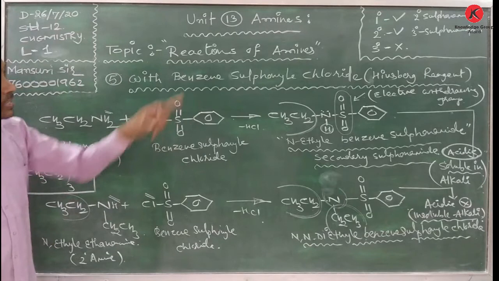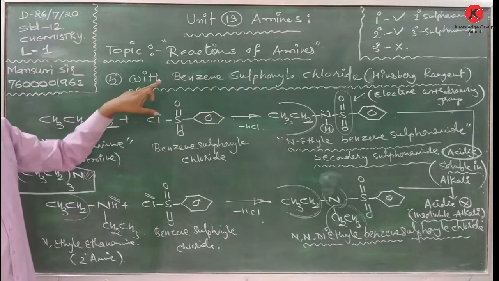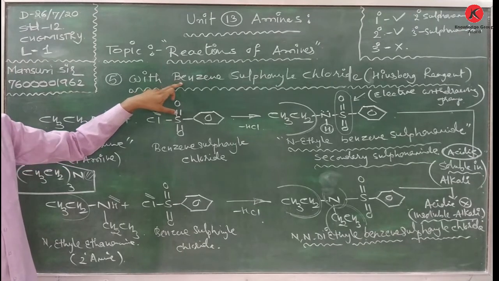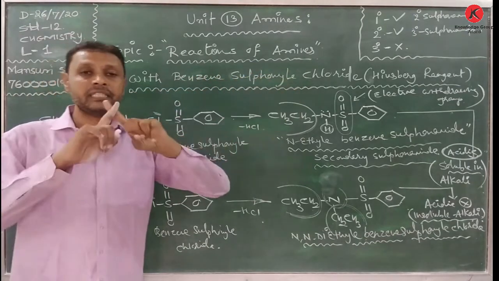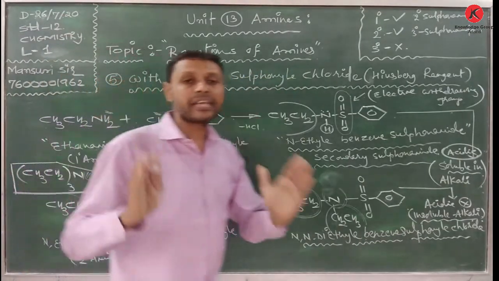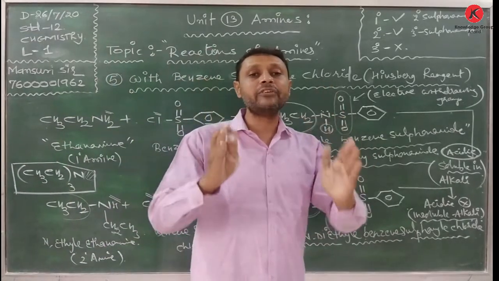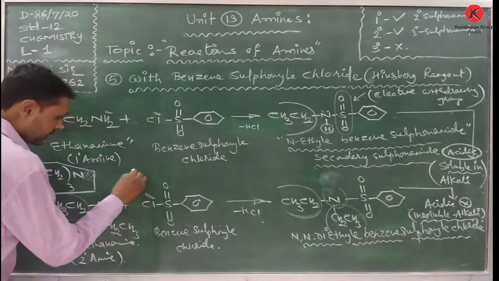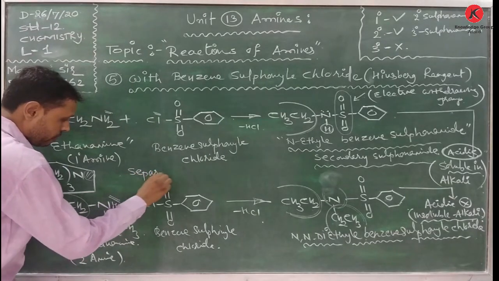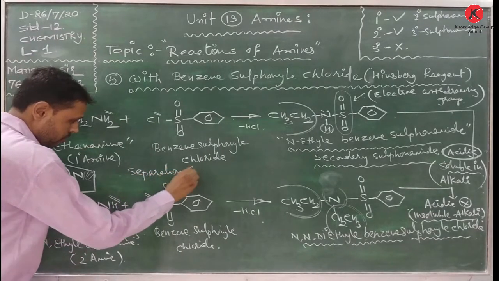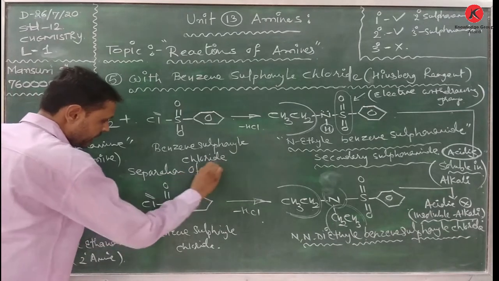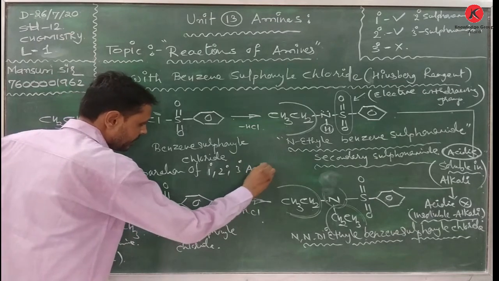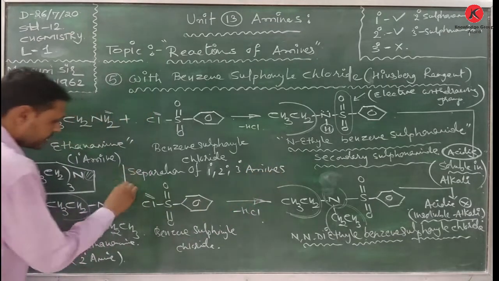So Hinsberg reagent, or the reaction of amines with benzene sulfonyl chloride, is nothing but the separation of primary, secondary and tertiary amines. So we can write here: separation of 1 degree amine, 2 degree amine and 3 degree amines.